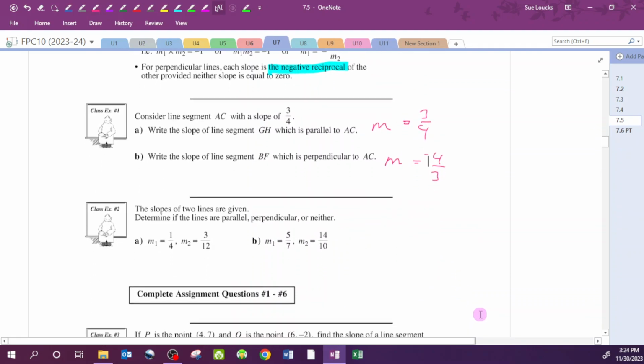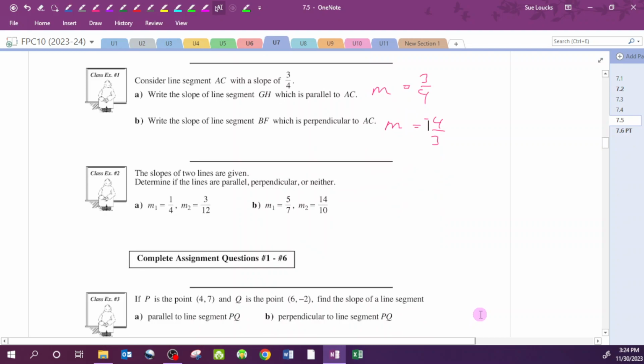Okay? And the slope of two lines are given. Determine if the lines are parallel, perpendicular, or neither. So the first thing we have to do is reduce our fraction here so that that's 1 over 4, so we can compare apples and apples. And those are the same. So we're going to write M1 equals M2.